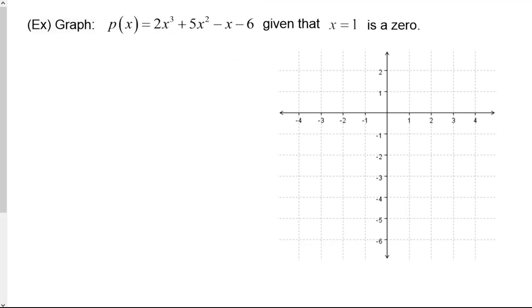So let's graph p of x equals 2x cubed plus 5x squared minus x minus 6, given that x equals 1 is a 0. Now, the reason I'm giving x equals 1 as an initial 0 is I want us to factor this. If we use our process of factoring, the first thing I'm going to do is get the calculator out, get a graph of the polynomial, and then get initial zeros.